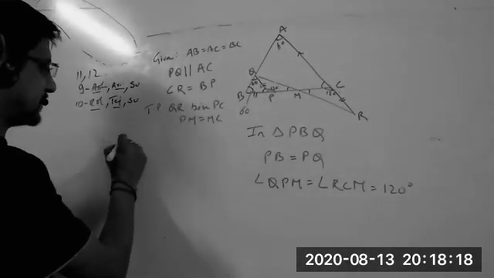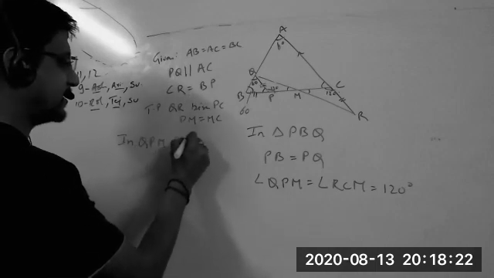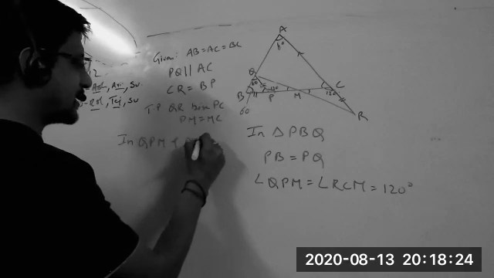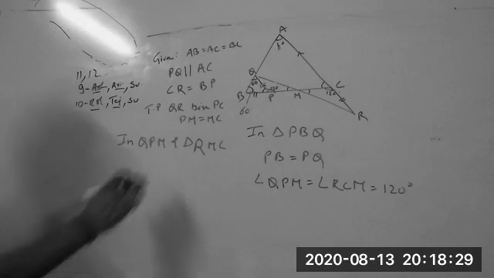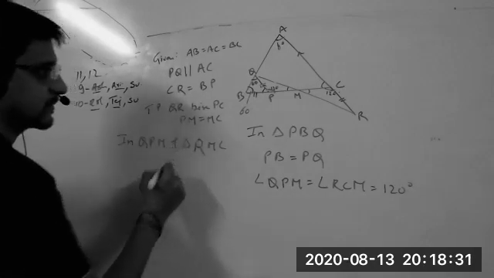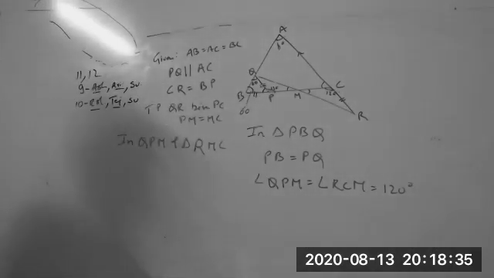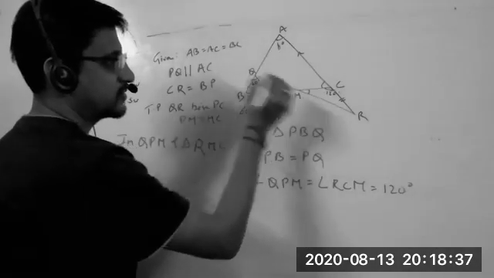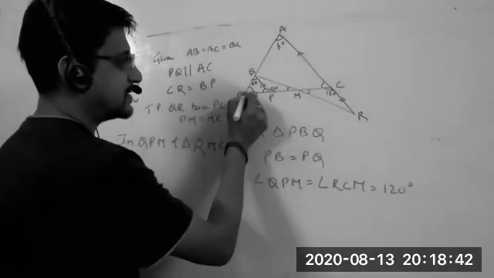Now see in triangle QPM and triangle RMC, these two triangles you see. This is 120. This is 120. This is a vertically opposite angle. And this is equal to this.